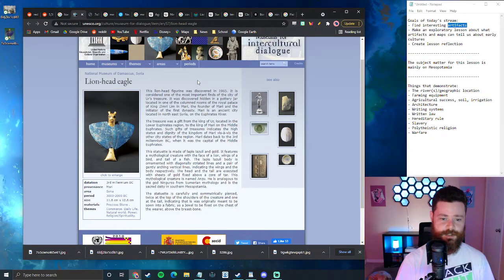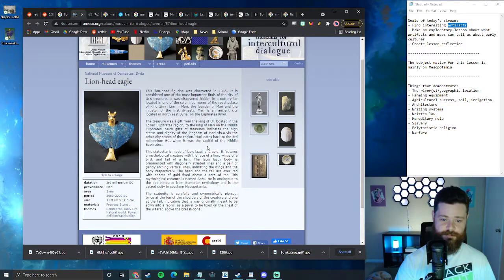Mari is an ancient city located in northeast Syria on the Euphrates River. The treasure was a gift from the king of Ur, located in the lower Euphrates region, to the king of Mari on the middle Euphrates. Such gifts of treasures indicate the high status and dignity of the kingdom of Mari vis-a-vis the other city-states of the region. Mari dates back to the 3rd millennium BC when it was the capital of the middle Euphrates.